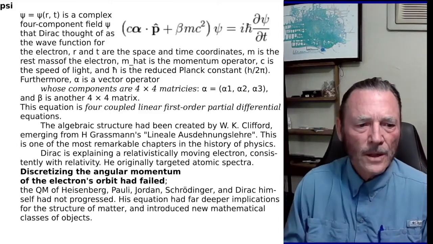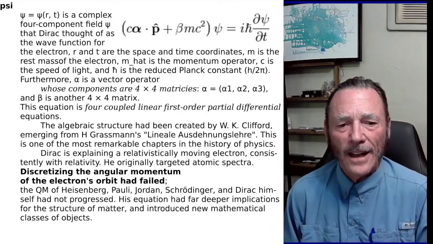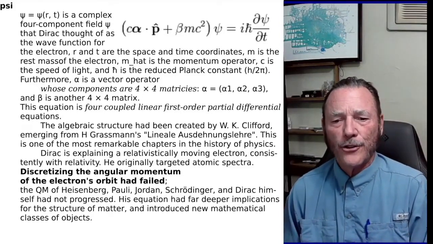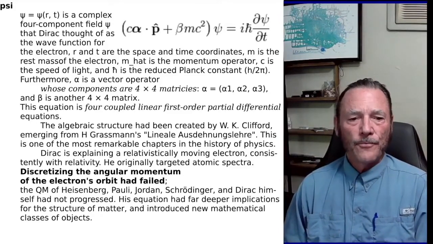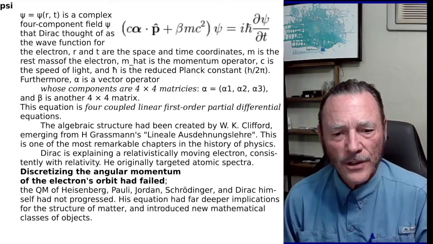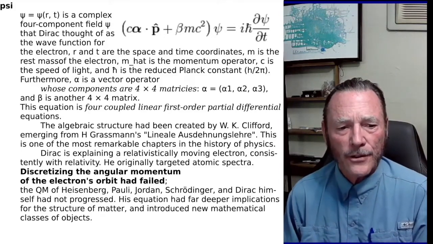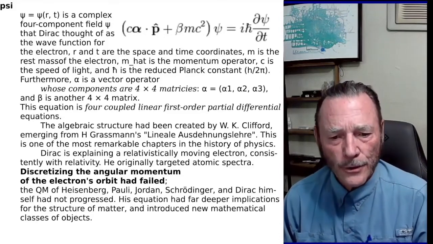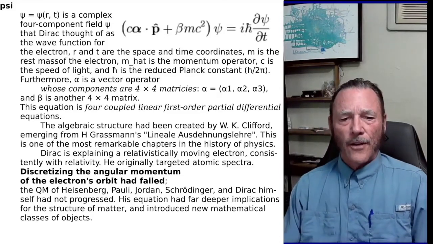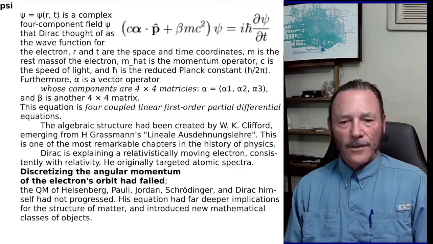So, the quantum mechanics of Heisenberg, Pauli, Jordan, Schrödinger, and Dirac himself had made no progress. It still hasn't. His equation had far deeper implications for the structure of matter, so they think, and introduced new mathematical classes of objects. That's correct.